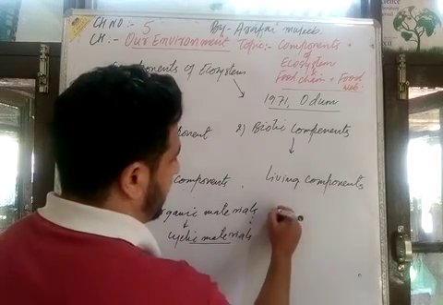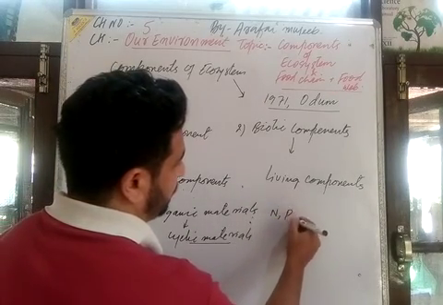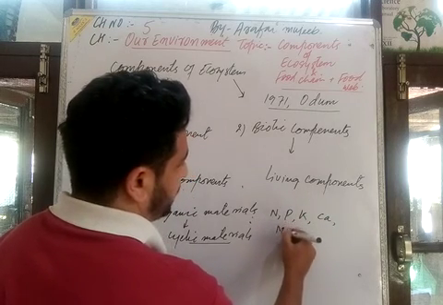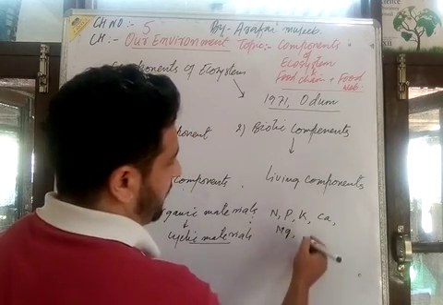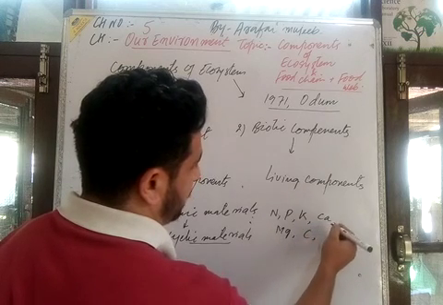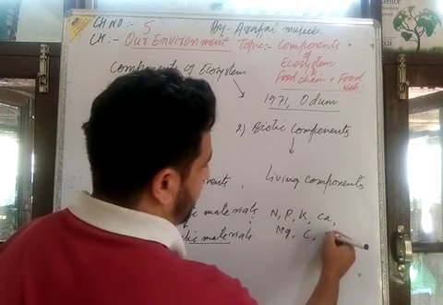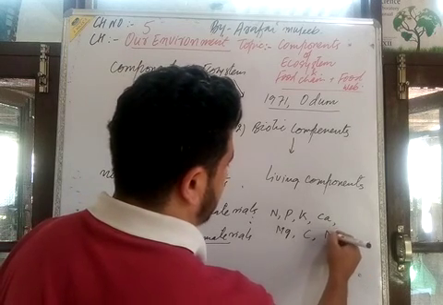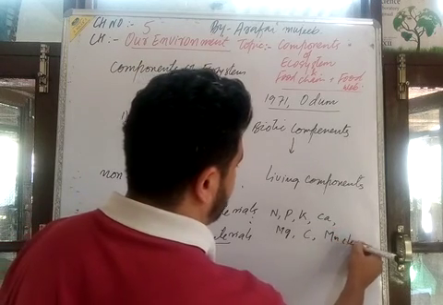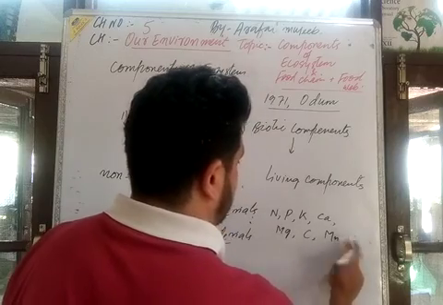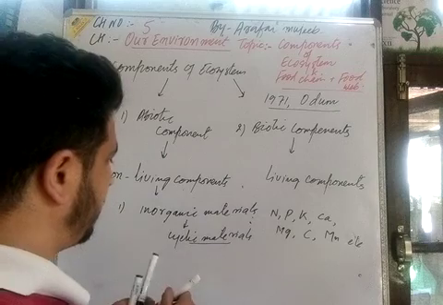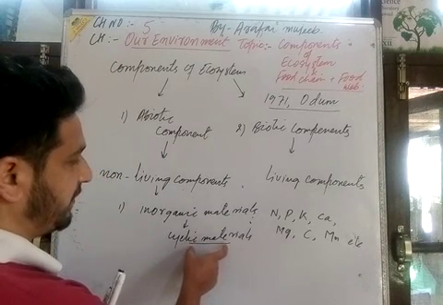I talk about the nitrogen, phosphorus, potassium, calcium, magnesium, I talk about the carbon, I talk about the other materials, that is the manganese, etc. These are the nutrients. We can call them inorganic materials, cyclic materials.